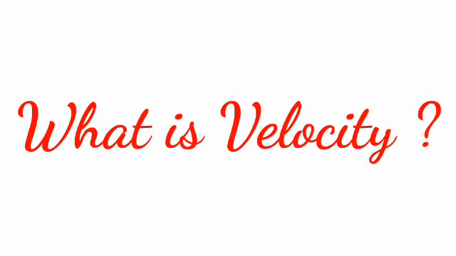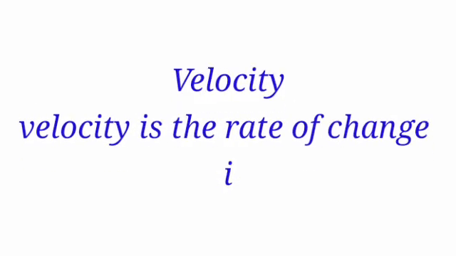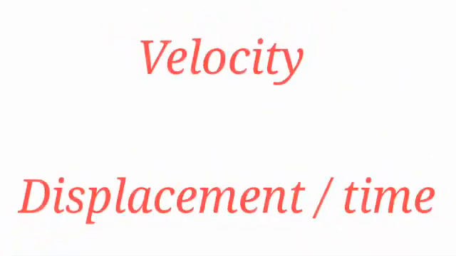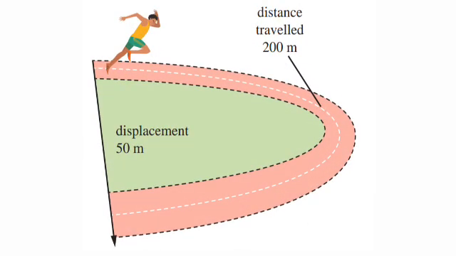Next, velocity. What is velocity? Velocity is the rate of change in displacement. The SI unit of velocity is meter per second. If an athlete in the diagram takes 25 seconds to complete a 200 meter sprint event, then how do we find the speed and velocity?